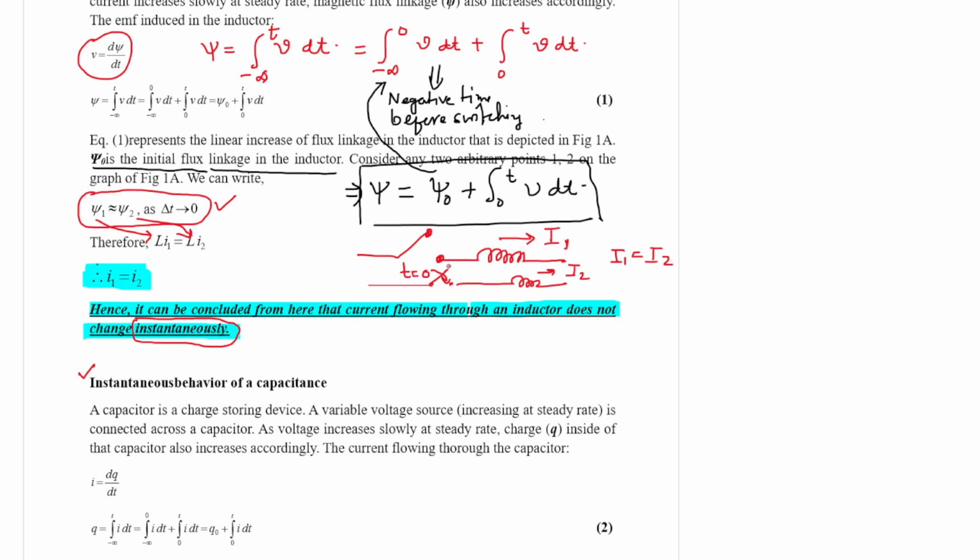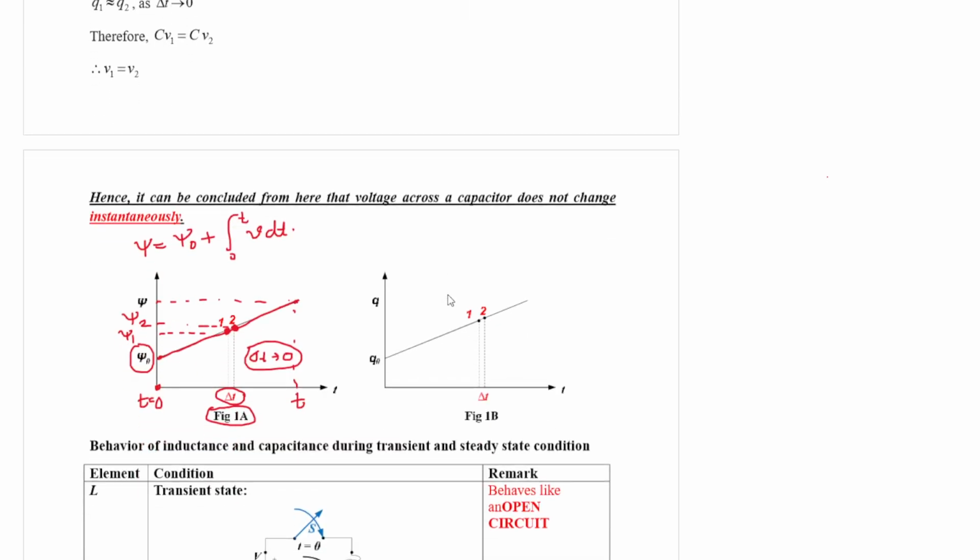If you take this diagram, you can understand that if this delta t is large, then psi 1 is not equal to psi 2. So psi 1 and psi 2 are equal or almost equal only for delta t tends to 0. Delta t tends to 0 means it is an instantaneous behavior.